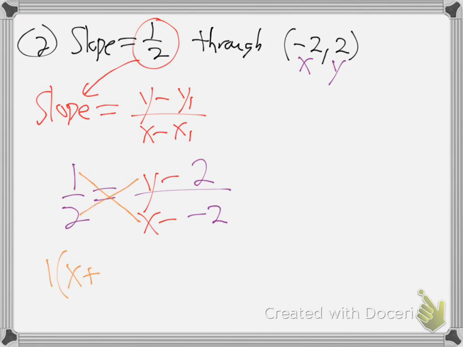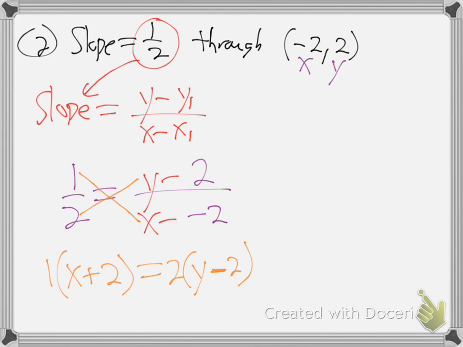So 1 times x plus 2, 2 times y minus 2. Right, so right here, it became positive? Oh, okay. Yeah, and this is the y. Yeah, good. We good to there? Is that making sense so far? Everybody see how the diagonal steps working? Right, it's cross multiply. It's good.